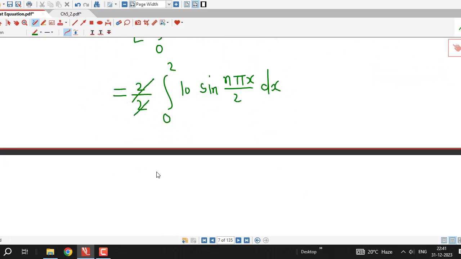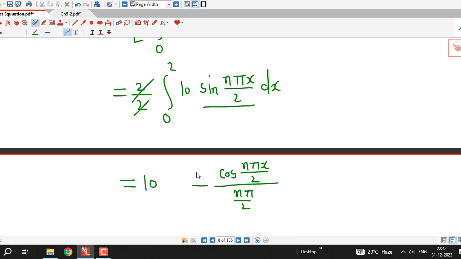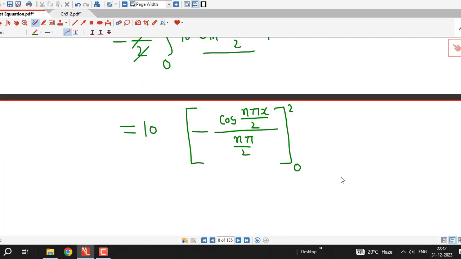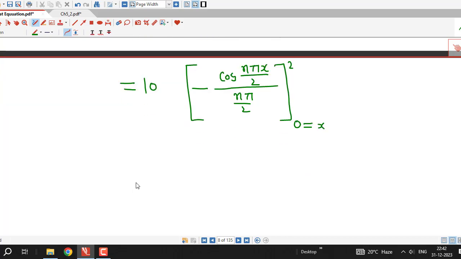These two will get cancelled, and 10 is independent of x, so we take it outside. The integral of sin(nπx/2) is minus cos(nπx/2) divided by the coefficient of x, which is nπ/2, and the limits of integration are from 0 to 2, that is we have to take x equal to 0 and x equal to 2.